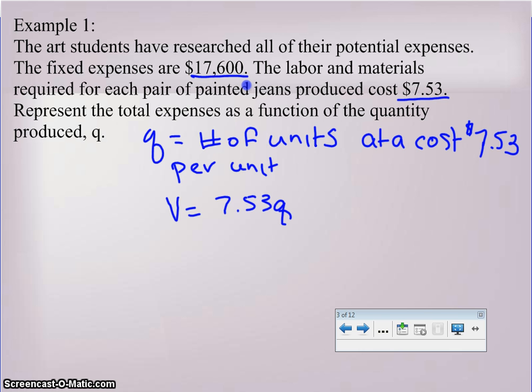Now our fixed expenses are the $17,600. And that's what they are no matter how much is produced. So let's talk about some examples of variable versus fixed expenses. A variable expense is going to depend on the number of items produced. It might be the cost for raw materials. As we've seen in previous units, a lot of times there's a discount.